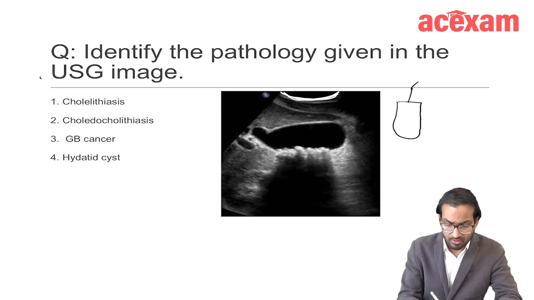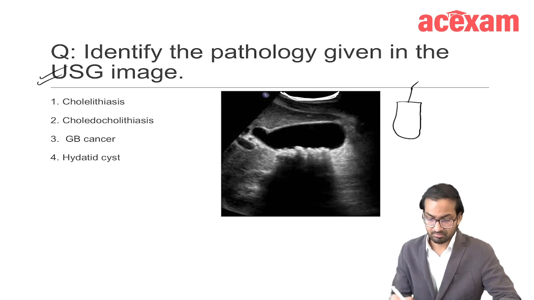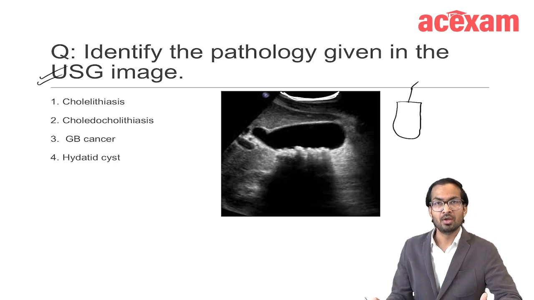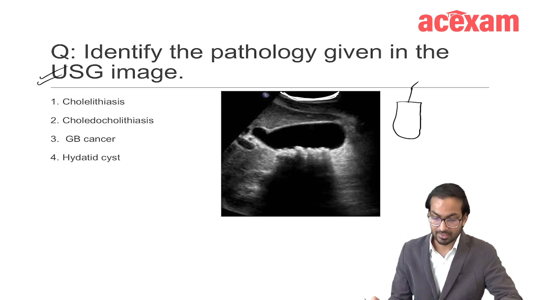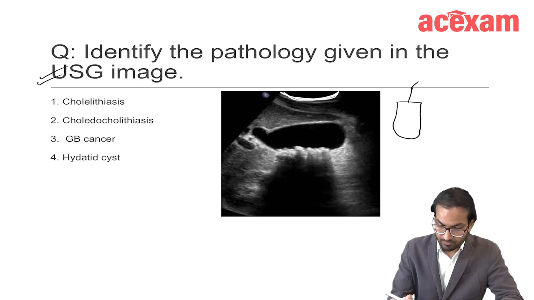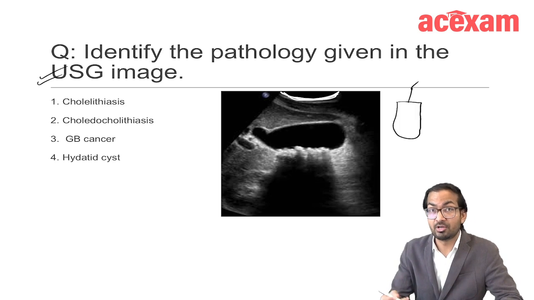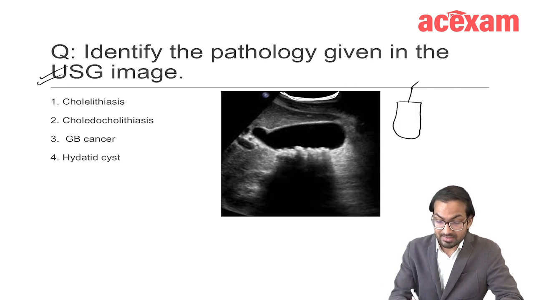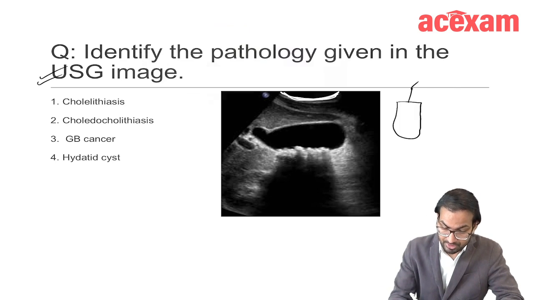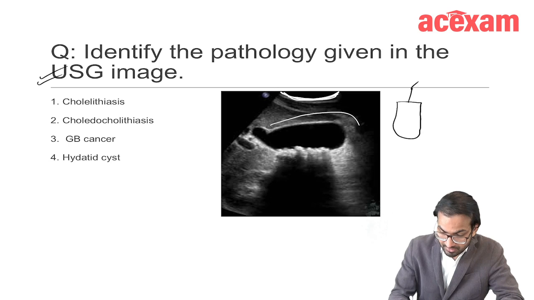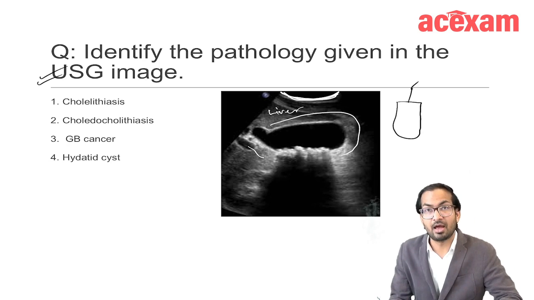Although they have mentioned this is an ultrasound image, as we already discussed, they probably should have mentioned whether this is the right hypochondrium or which side it is. But we can see this is a pear-shaped structure, and here there is the liver, so this is in the right hypochondrium.